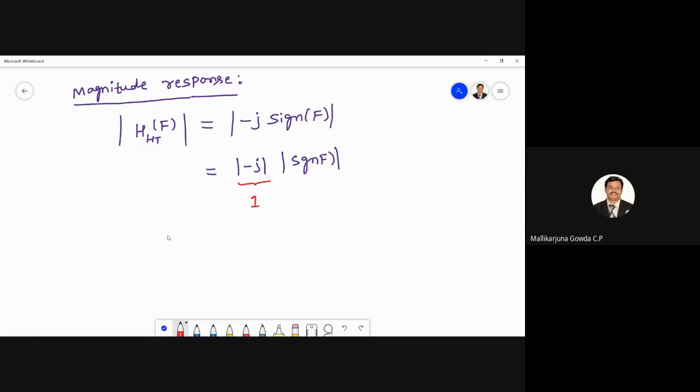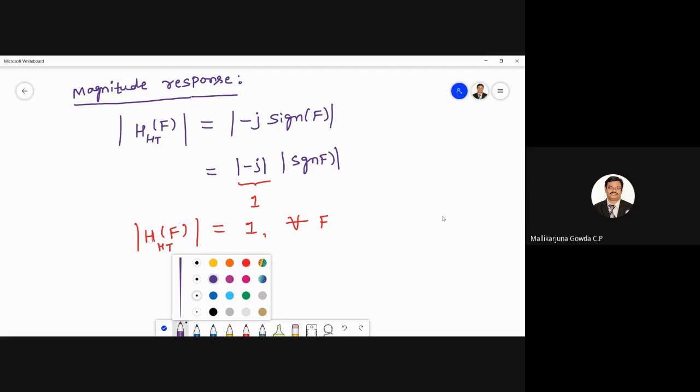So with respect to this, what I can say is the magnitude response of this H_T(f) will be equal to 1 for all f. So how do I represent this graphically?